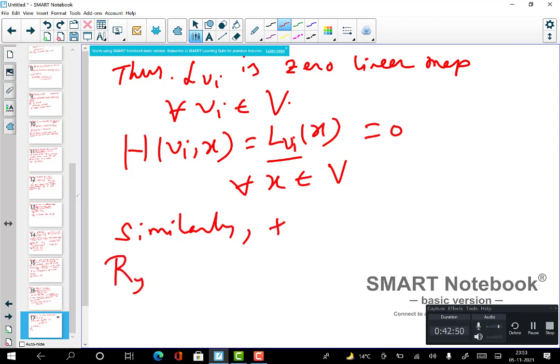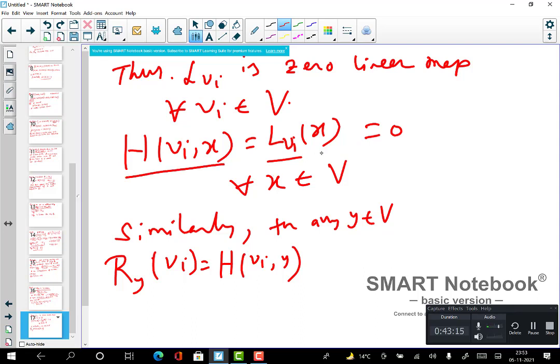For any Y belonging to the vector space V, you define R_Y on this basis vector Vi, and by definition this is the right hand side, H_Vi of Y. So this is the right hand side of H. But we know that H_Vi of X equals 0 for any X, and similarly for Y also it is 0, so this is 0 for all Y.